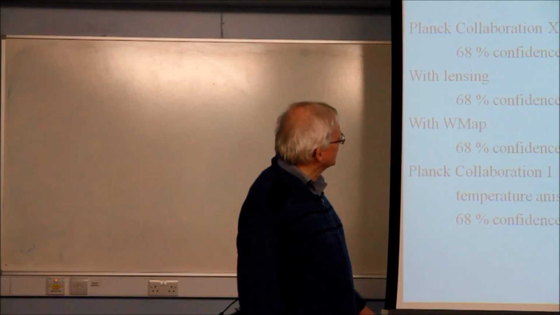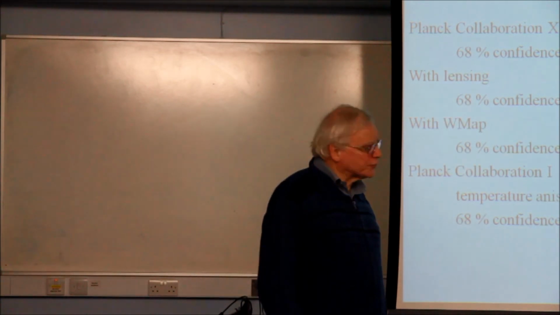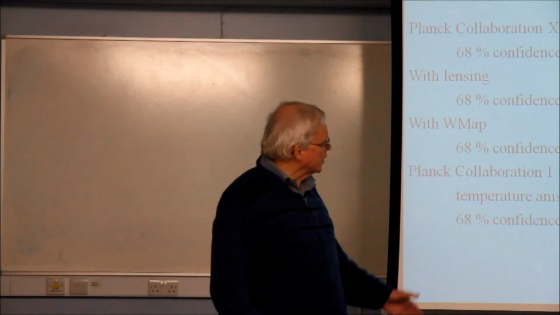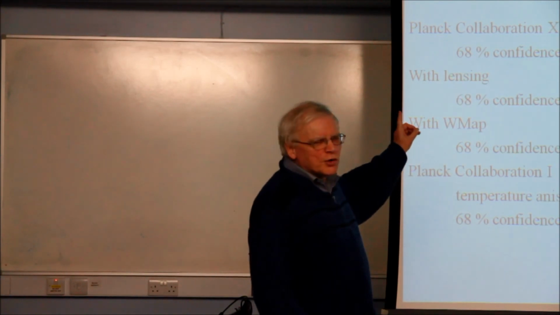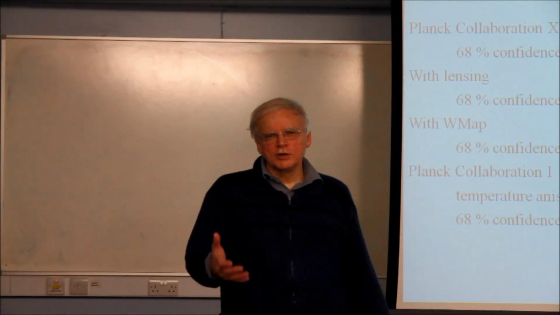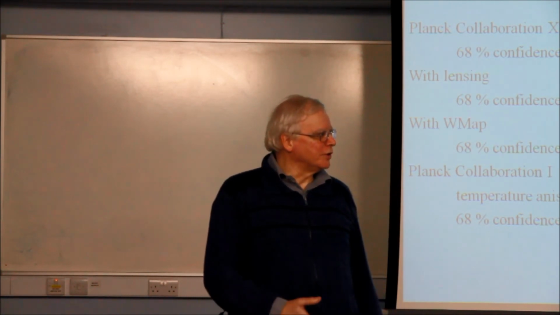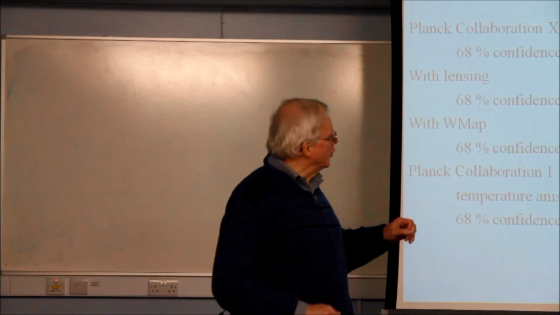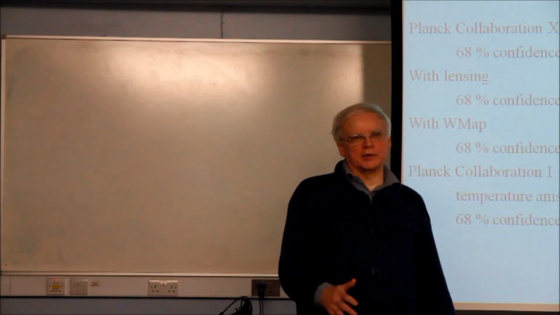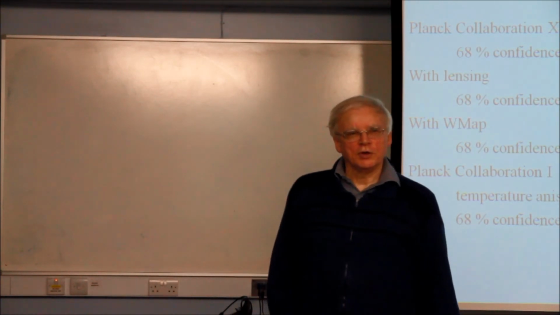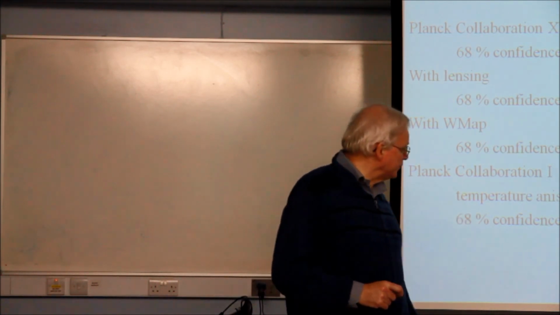I think the top one is considered to be the most significant value, but they all point in the same direction, and there's quite a bit of variation. And notice that we've only got 68% confidence limits, and this is where your statistics comes in. If we had 95 or 99%, we would be more confident of the exact value. But 68% confidence limits allows quite a bit of a spread. But roughly speaking, it's about 0.68, and this one value down here is 0.67.